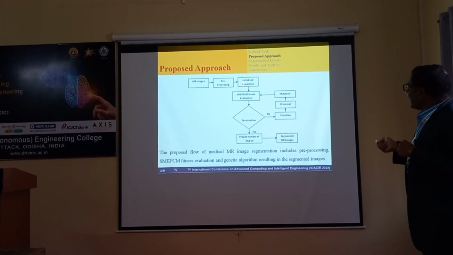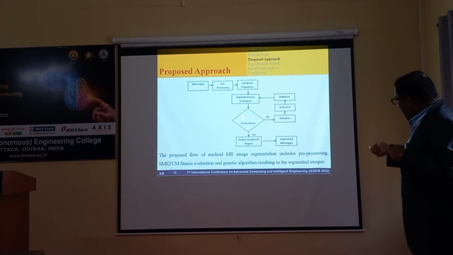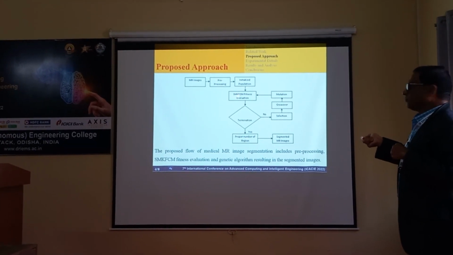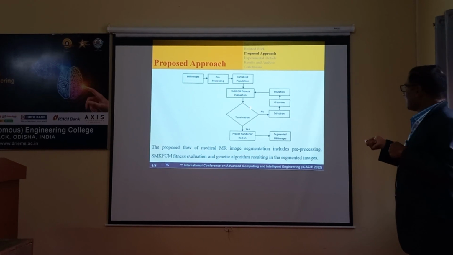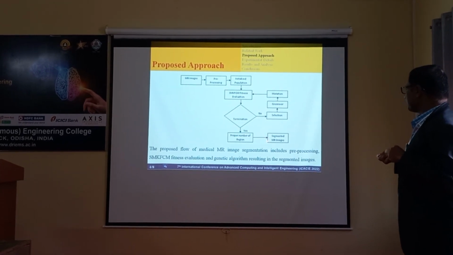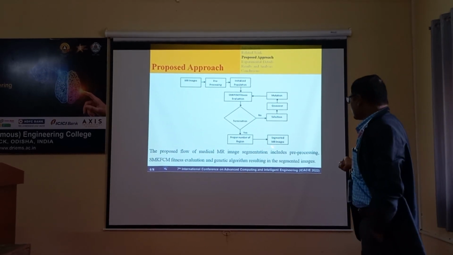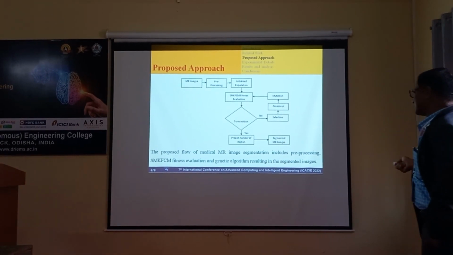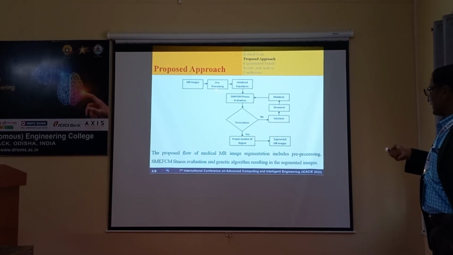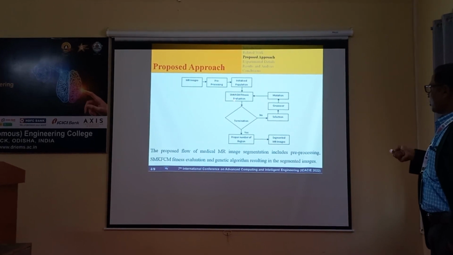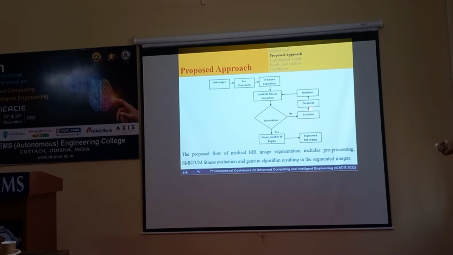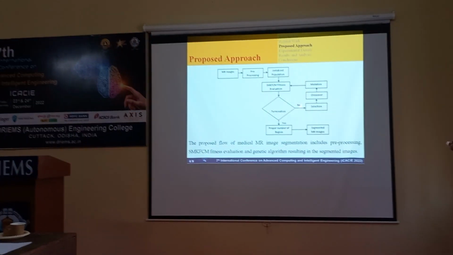But in my last paper I directly applied the fitness function from the multiple kernel algorithm, and I have added something here. The segmented MR images involve pre-processing, the spatial multiple kernel algorithm for fitness evaluation, and the genetic algorithm for segmenting the particular images.